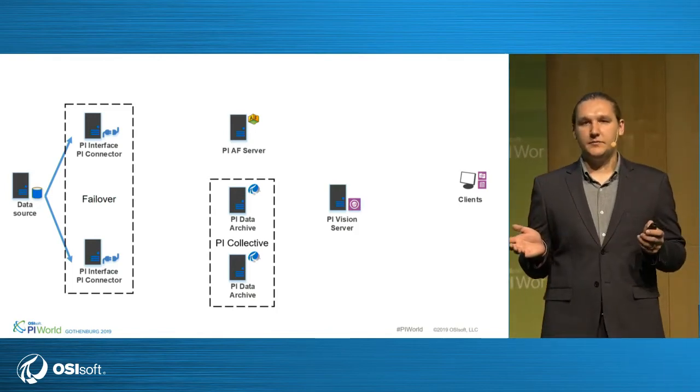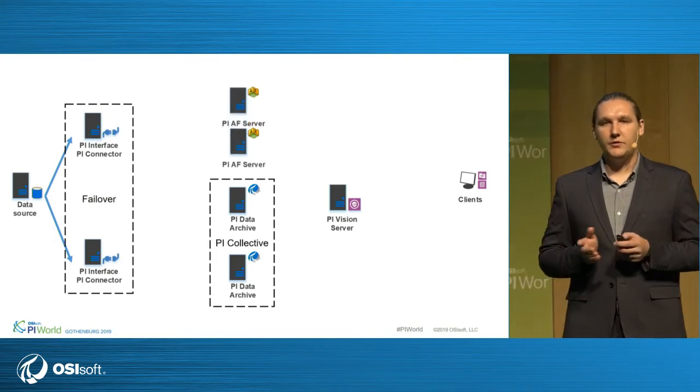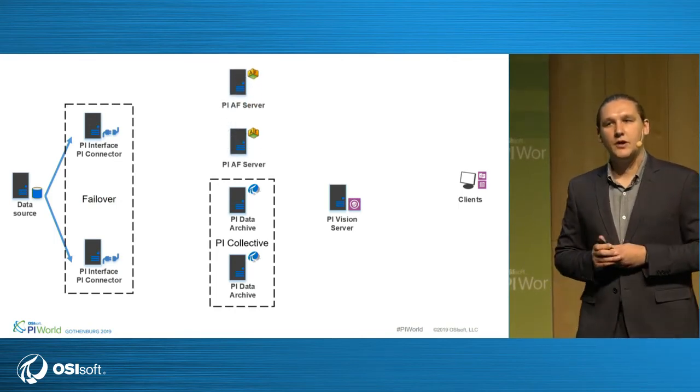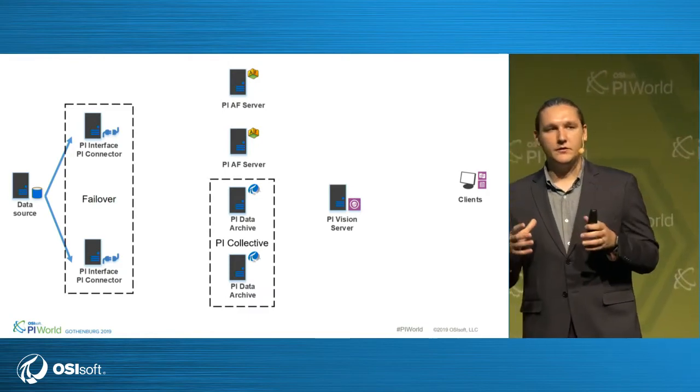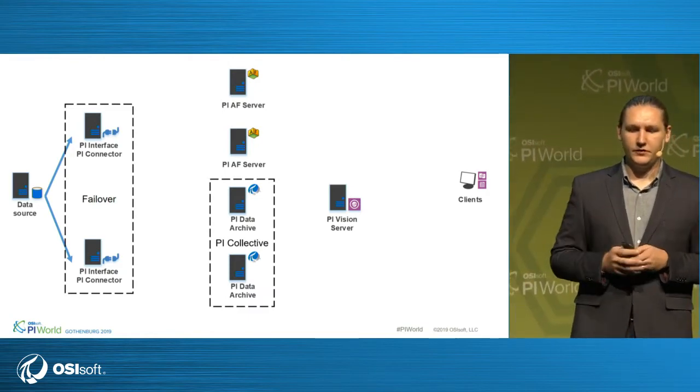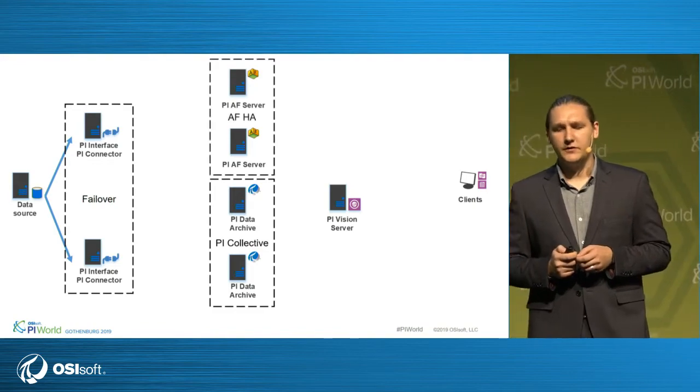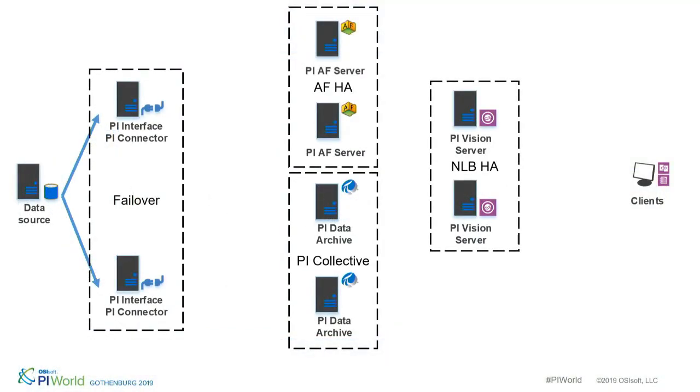What can be done next? We can implement the high availability option on the AF server level. Of course, it will include the SQL part, the relational database on top of the AF high availability. And of course, if visualization is becoming critical for the organization, we are implementing high availability on the visualization part, the Pi Vision high availability option.